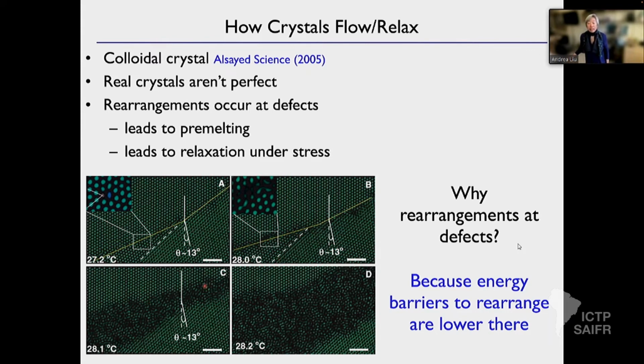The same thing happens if you apply stress to the system. If you apply stress, it's known that where the system tends to yield, where rearrangements are concentrated, is in the defects, not deep in the crystalline regions. And why is that? Well, it's because the energy barriers to rearrange are lower at the defects.